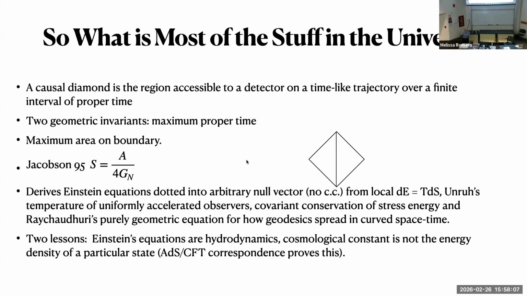That area starts to grow in both directions. Somewhere in the middle, it takes on a maximum. In flat Minkowski space, that maximum is at the time-symmetric point between the two. If the space-time is expanding, it'll be different. It can get quite complicated, but there's always some maximum someplace, and that maximum area is a geometric invariant of the diamond.